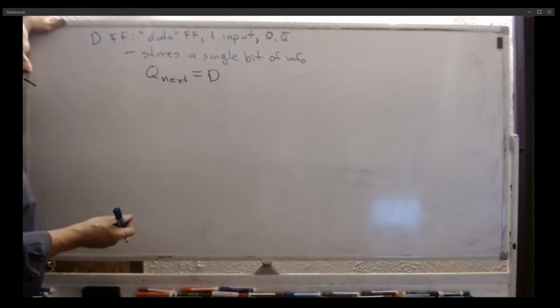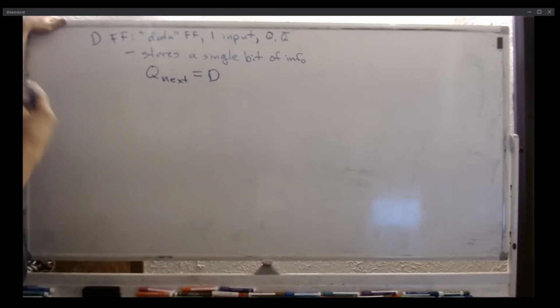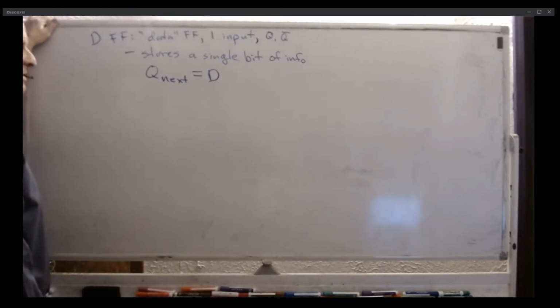So the next output it'll give out is just whatever D is right now. You got it. So in a very basic sense, this thing epitomizes a flip-flop, right? It's got something that it holds info for, and it can output that info or change it.